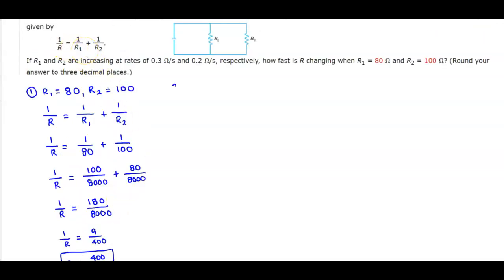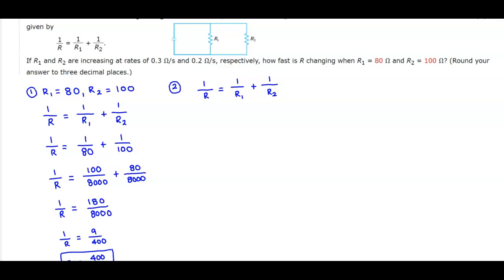So for step 2, we have the formula 1 over R equals 1 over R1 plus 1 over R2. We want to make sure that we can differentiate this.